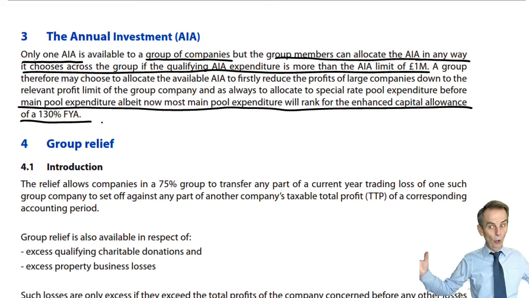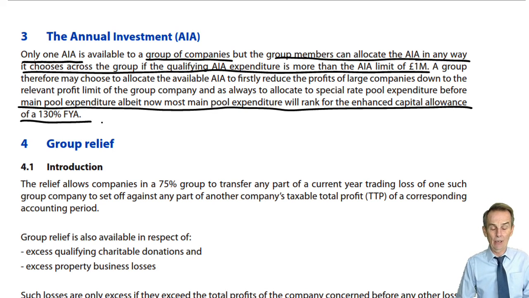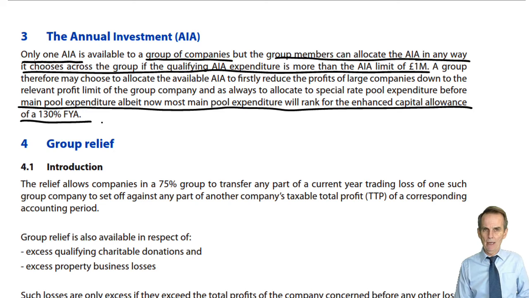So if we took all of the expenditure on plant and machinery made by all of the group companies within our 51% group, that total may well have exceeded the AIA limit, currently of course £1 million. But it's likely that the majority of expenditure eligible for AIA would have been your basic main pool expenditure, not so much special rate pool expenditure.